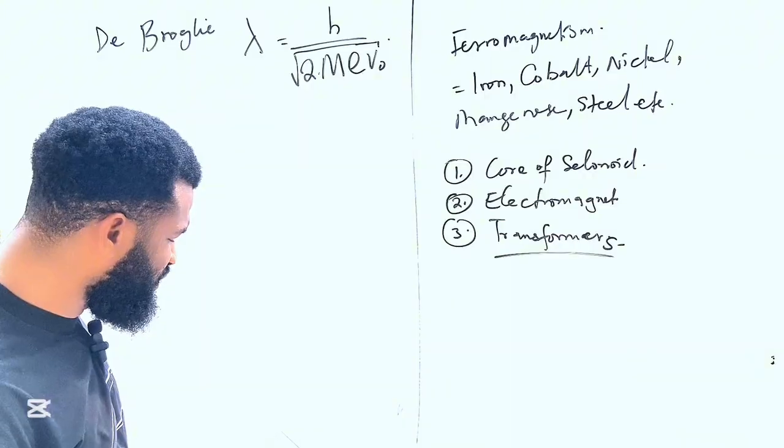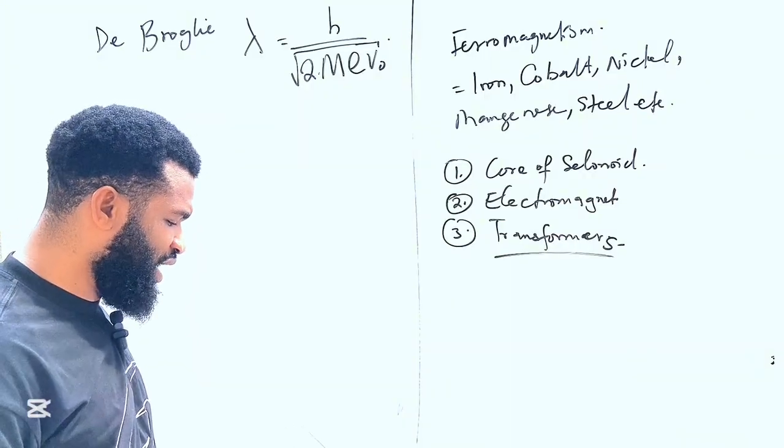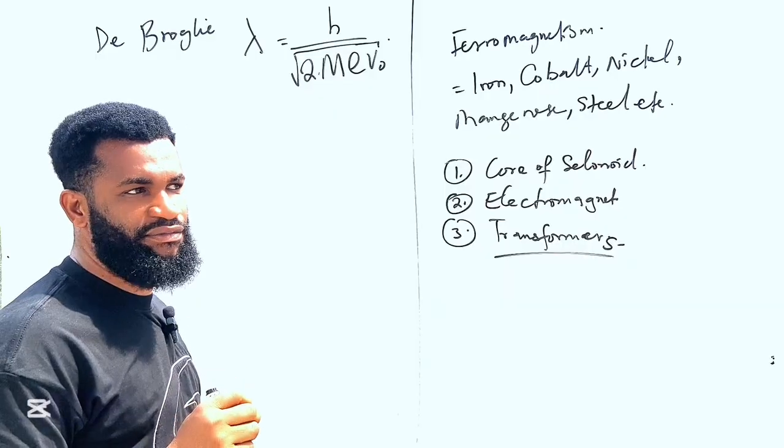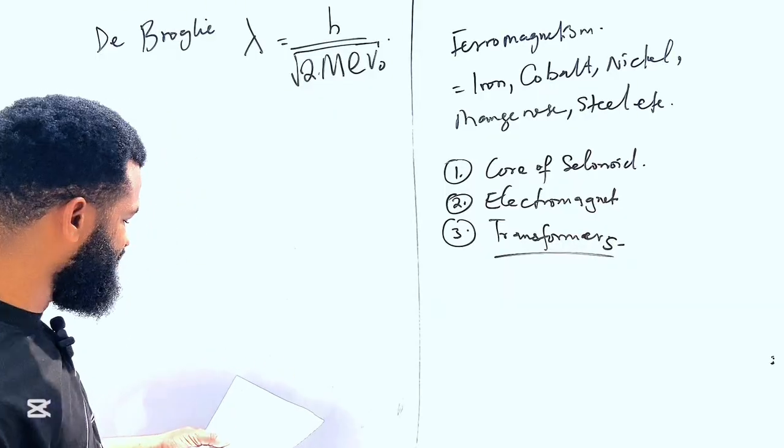Now, from the question, an electron of mass m and charge e moves. That means there is a kinetic energy. So what is the kinetic energy?